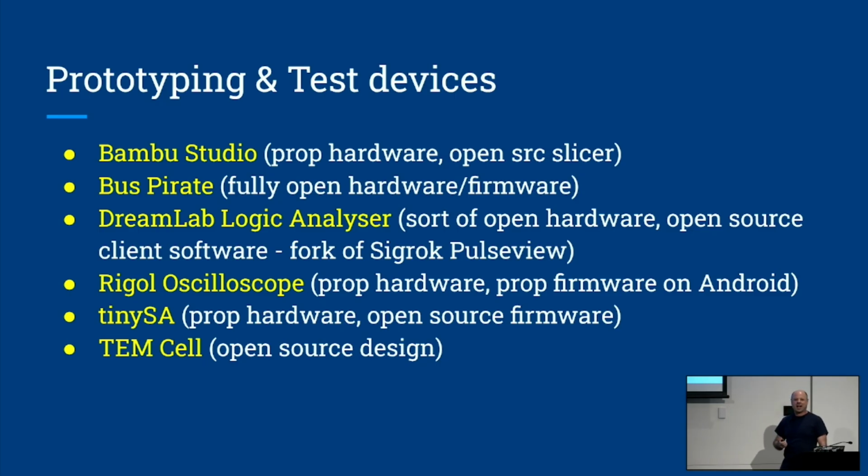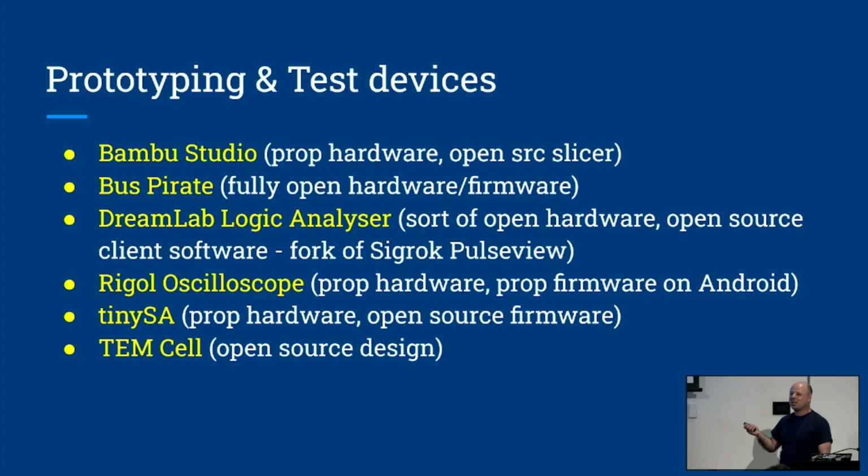We seem to live in an age now where serial has won the world, though all those 8-bit or whatever parallel buses are not really much of a thing anymore. I don't think we've got anything except serial in our device, so it really helps having logic analyzers, even fairly simple ones. For the first time in my life since university, I'm using an oscilloscope, and there's also TinySA and something called a TEM cell, which I'll talk about in a little bit.